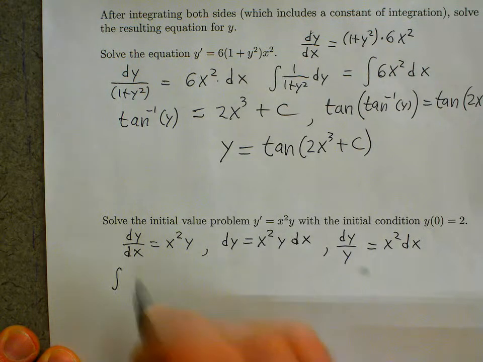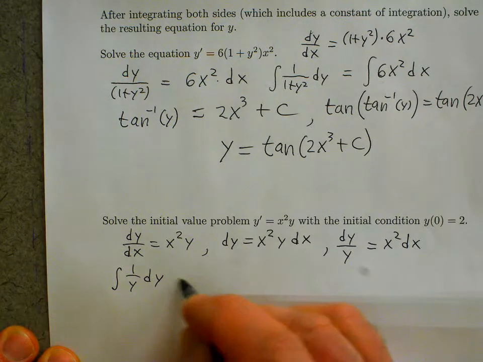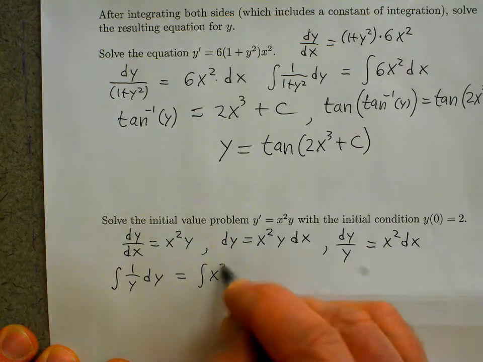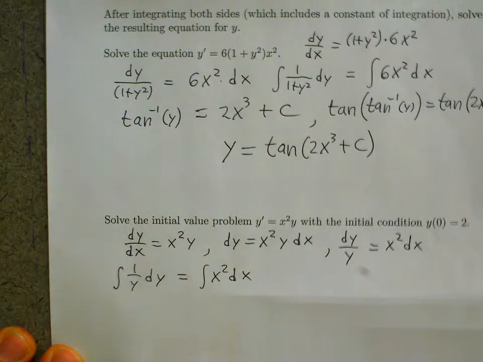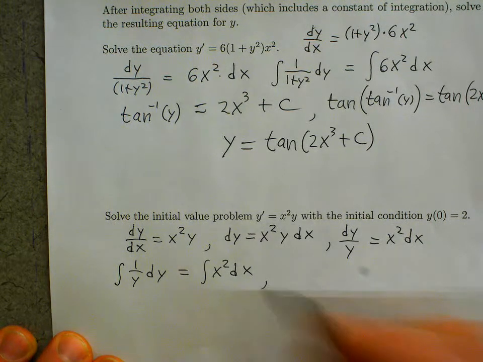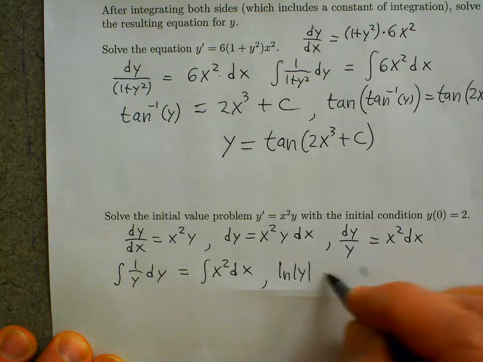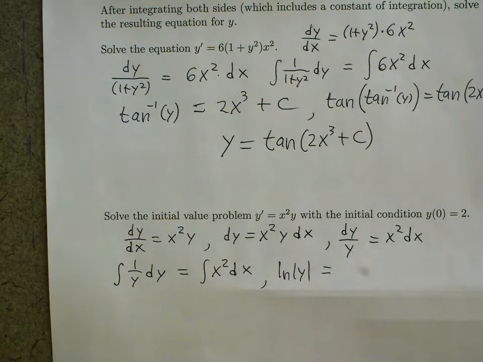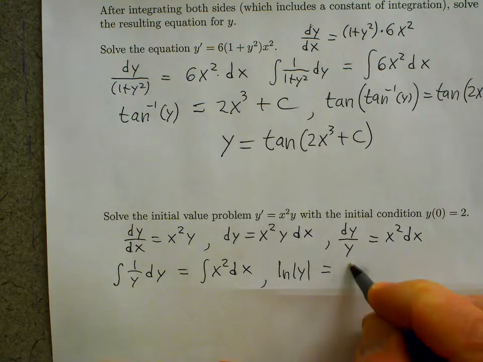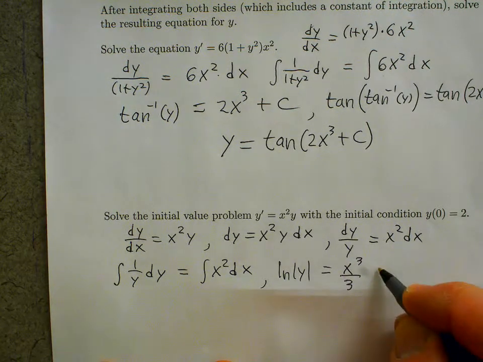So the integral of 1 over y dy on the left, and on the right, the integral of x squared dx. An antiderivative of 1 over y is the natural log of the absolute value of y, and on the right-hand side, an antiderivative of x squared is x to the third over 3, and then plus a constant.